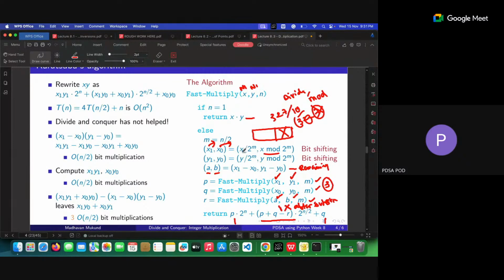The bit shifting and splitting we do without including the already multiplied values. Whatever multiplied value is there is subtracted. From x1 they subtracted x0, y0, and the remaining value we get. Likewise y0 is subtracted from y1.